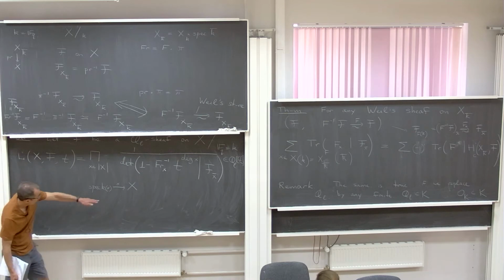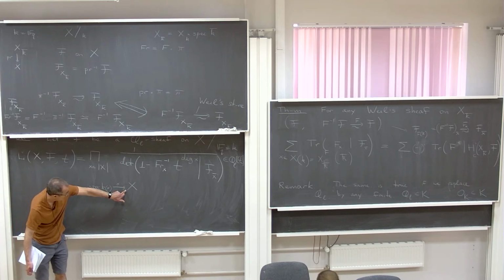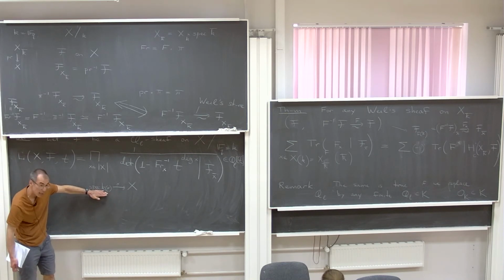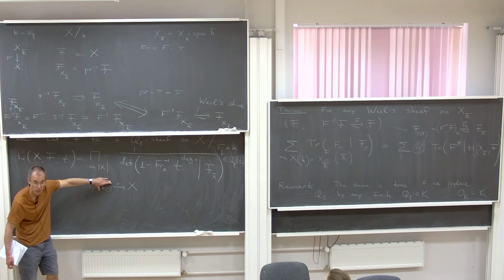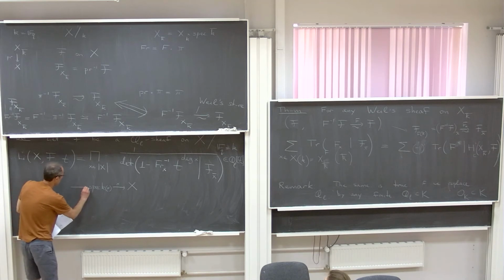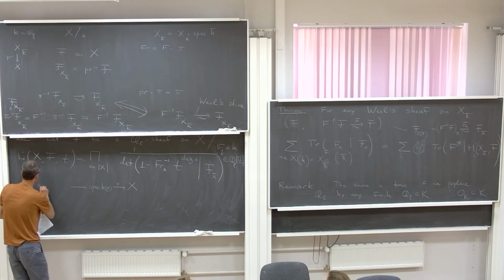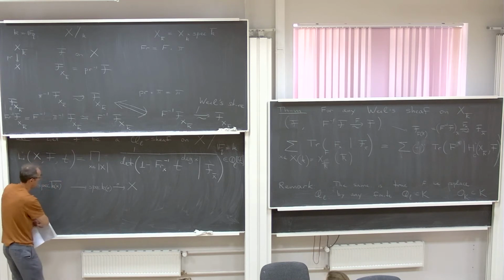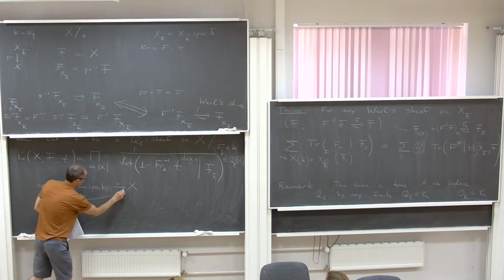If I have a sheaf on X, I can pull it back and get a sheaf here. A sheaf here is the same as a vector space together with a representation of the Galois group of this field. If you wish, I can call this x bar.